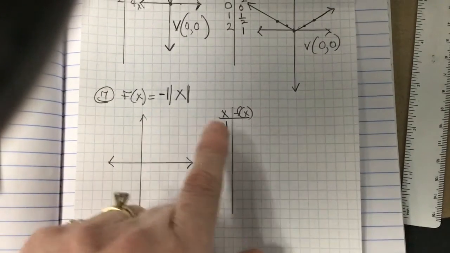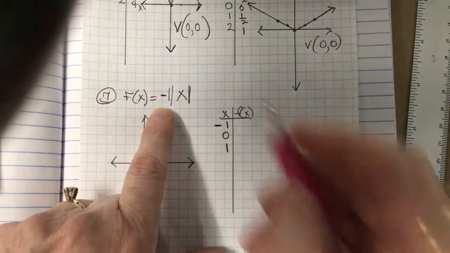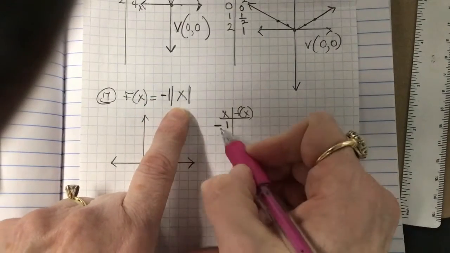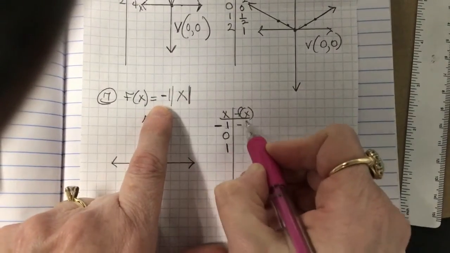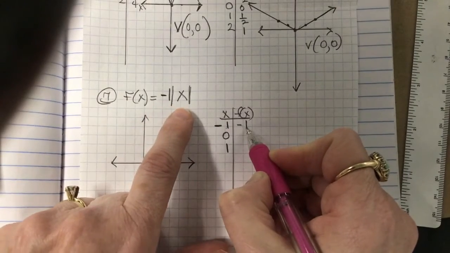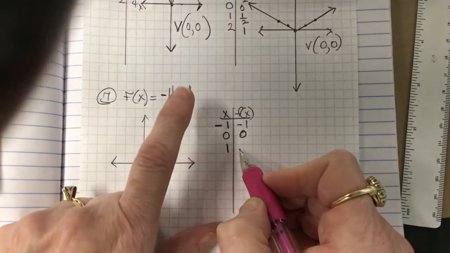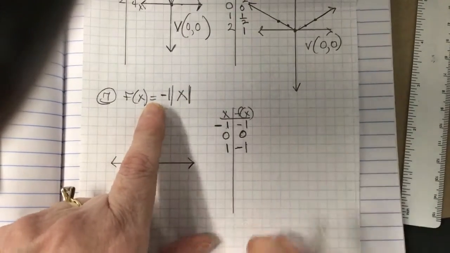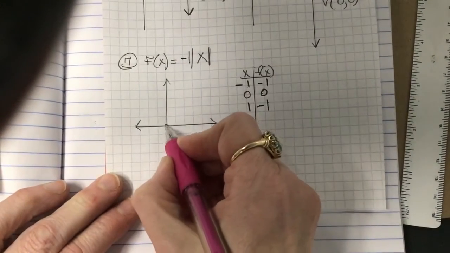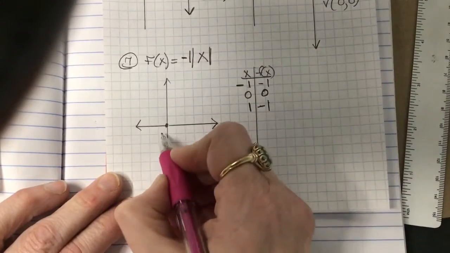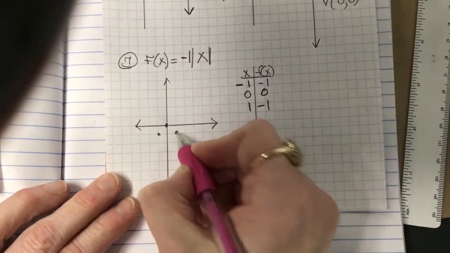So we're going to take the absolute value of this number and multiply it by -1. So 1, when you take the absolute value times the -1, will give me -1. 0 will give me 0 times -1. And 1 will give me 1 times -1, which is -1. So you've got -1, -1, 0, 0, and 1, -1.